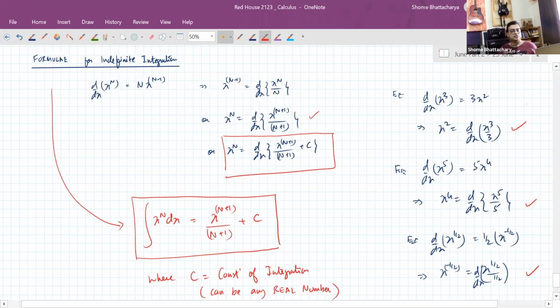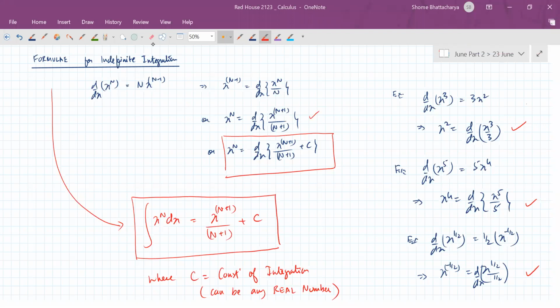In fact, that is why this operation is called indefinite integration, because the output it gives us is not a definite function. It has an indefinite term, which is a constant of integration, which can take any real value. So just make a note of this, people. And while you're making a note of it, make sure you understand the 3 examples I've put on the side here.